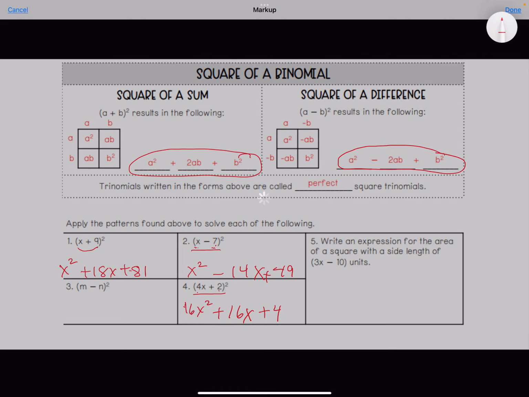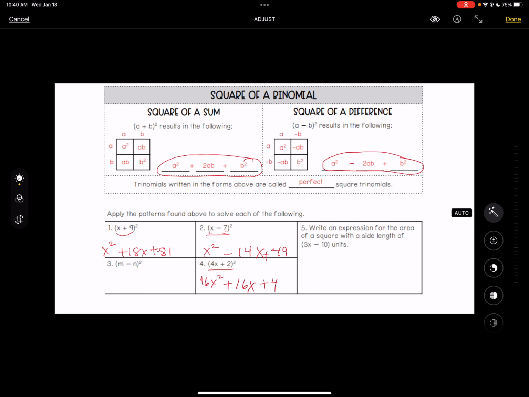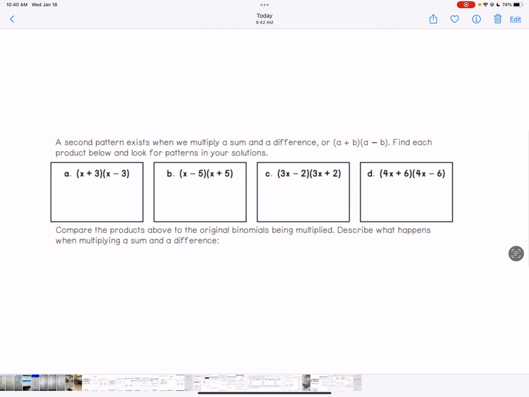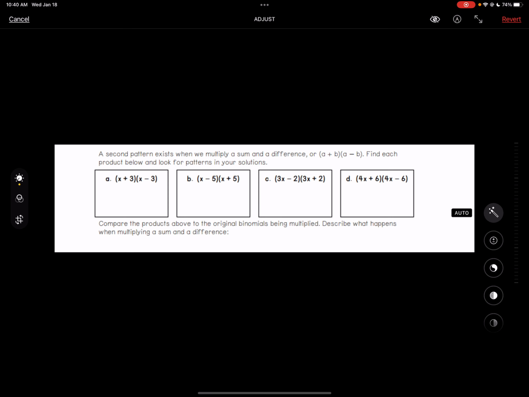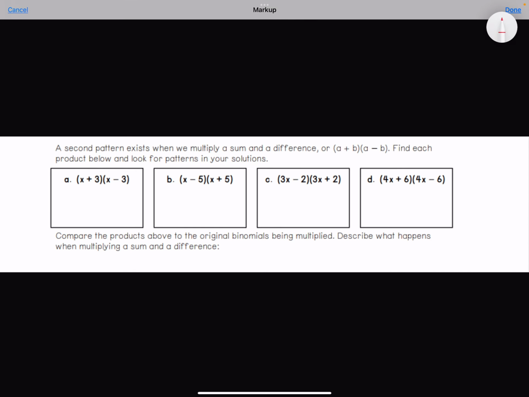One more, excuse me. Okay, so let's look at this pattern. When I do, and I'm going to do FOIL because I can do it quick, I have first terms, outer, inner, last, combining like terms, they cancel out.